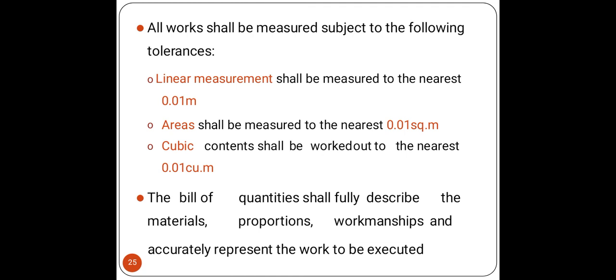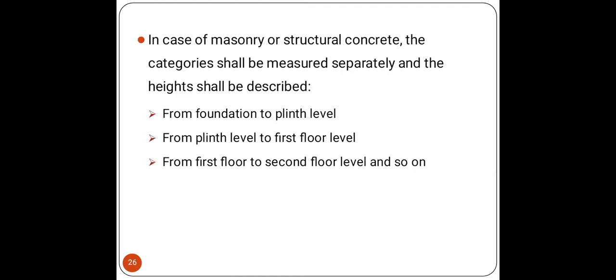The bill of quantities shall fully describe the materials, proportions, workmanships, and accurately represent the work to be executed. In case of masonry or structural concrete, the category shall be measured separately and the height shall be described from foundation to plinth level, from plinth level to first floor level, from first floor level to second floor level, from second to third, and so on.